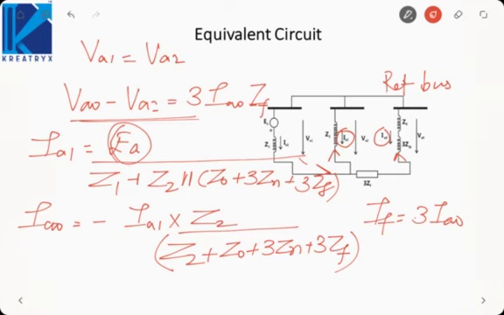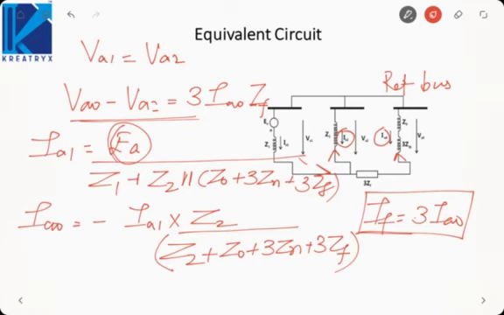So it is better that you solve it in PU, because that will simplify a whole lot of effort. And remember, fault current is 3 times IA0, and it is not related to IA1 directly. In line to ground fault, fault current was equal to 3 times IA1, and in double line to ground fault, it is 3 times IA0.